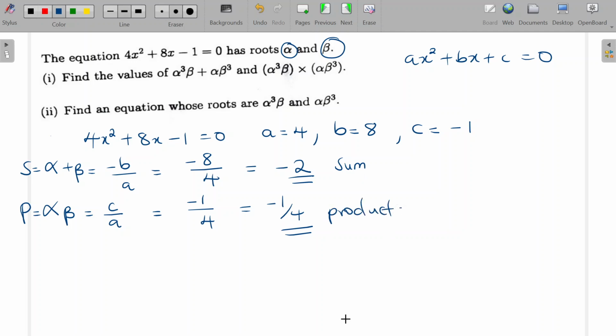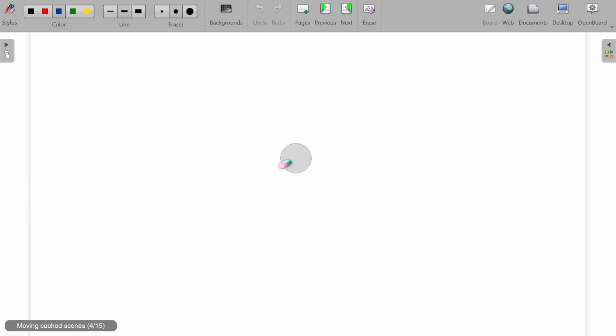Now, after you've solved this, you go to the question they're asking us to do. They're asking us to find alpha to the power 3 beta plus alpha beta to the power 3.